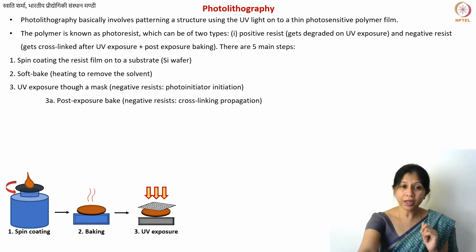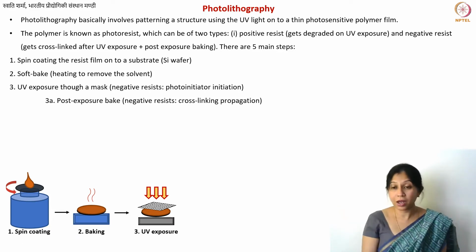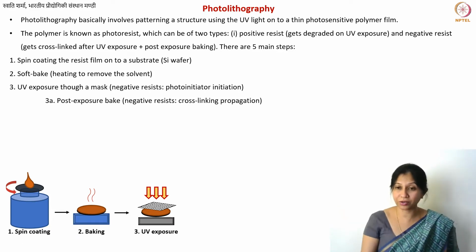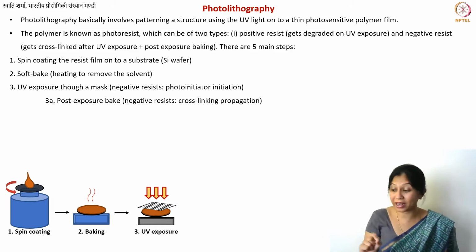Okay. Now you did the UV exposure. Now, will you have any dose of UV? No, the dose of UV light also you need to optimize, because now your material can cross-link when it is exposed to the UV light, or degrade also. Now, if the film is too thick and I have not exposed it for long enough duration to the UV light, then maybe only the top part will get cross-linked.